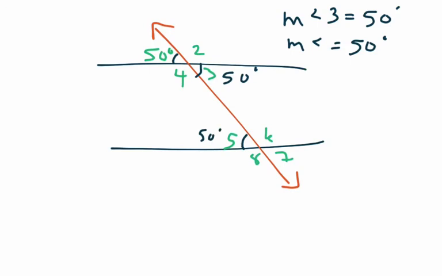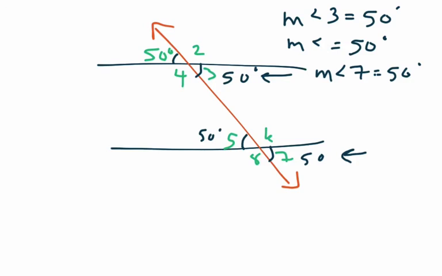Keep going on that. The vertical angle to 5 would be angle 7. So I would say the measure of angle 7 is also 50 degrees because of its vertical angle to 5. Now, if you also look at this, you could see that 7 and 3 are also corresponding angles. One is out, that one is out, this one is in, and they're on the same side of the transversal. So that's another way to prove to myself I was right, that it is 50 degrees.